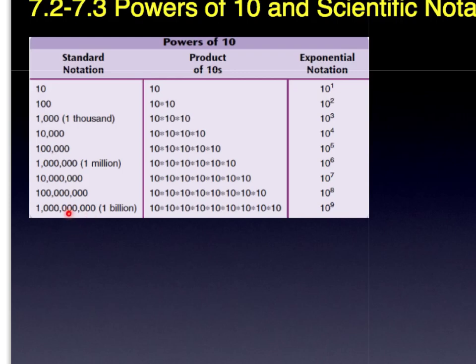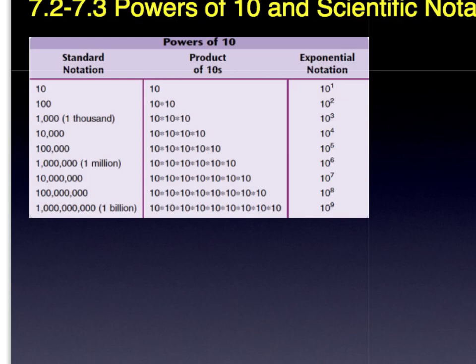The second group is the thousands period. The third group is the millions period. So the three groups of zeros are different periods, grouped in things called periods.